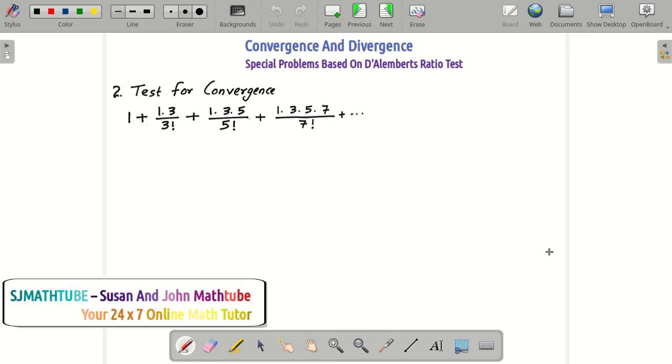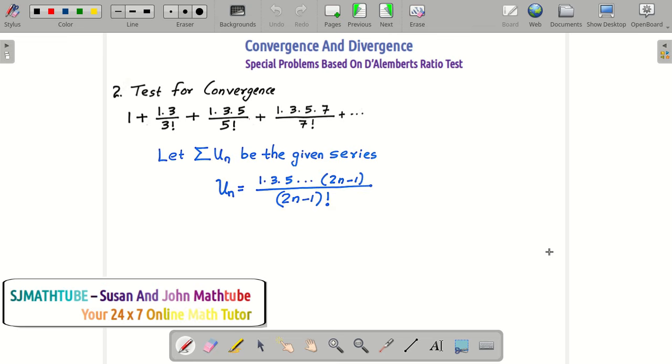Okay, so we have the second question over here. Test for convergence 1 plus 1 into 3 by 3 factorial plus 1 into 3 into 5 by 5 factorial plus dot dot dot. Clearly another case of continued product. So as usual, we'll give it a name sigma un.